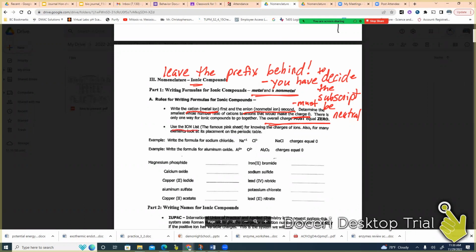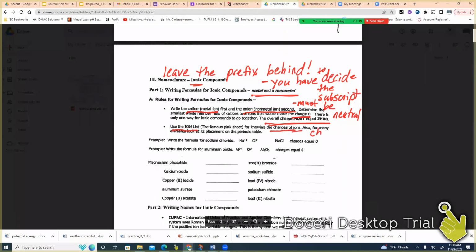All right, like I've already mentioned, you're going to need to use your ion list. You'll always be able to use that. And from that, you'll have to look at what the charge is for the ions that you are dealing with. Some that we've done a lot, you probably would know what the charge is just based off of where they are on the periodic table.